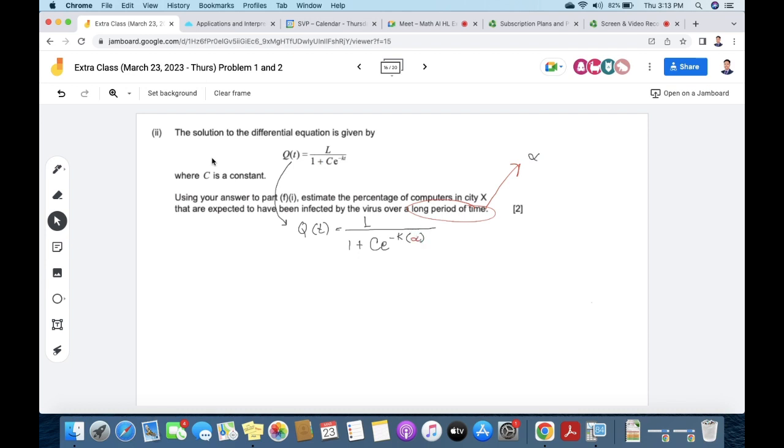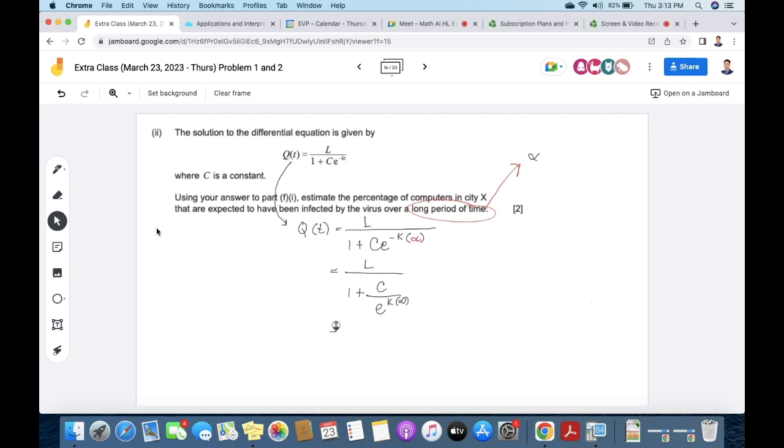So this now is equal to L over 1 plus C times e to the power of negative k times infinity. We know we can simplify it using a law of exponents. Do you follow?